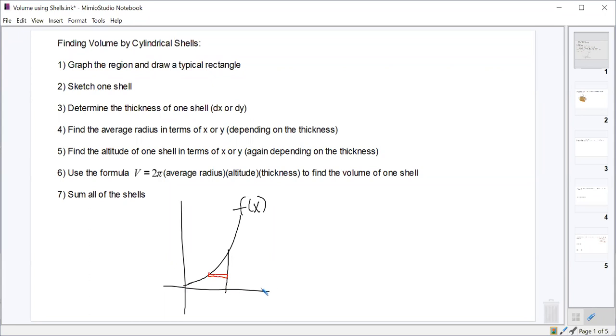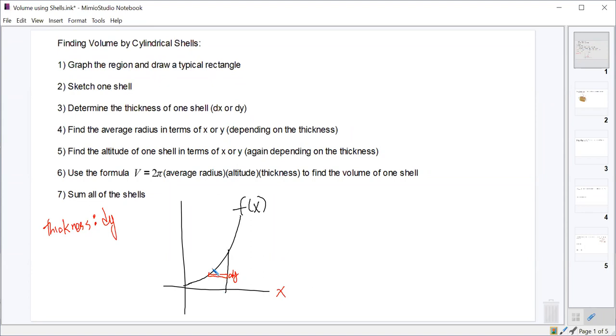So if we're going to revolve around the x-axis, we're going to make it have a height or a length here parallel to the x-axis. And we're going to pretend that it is infinitely thin in the other direction. So it has a thickness of dy.